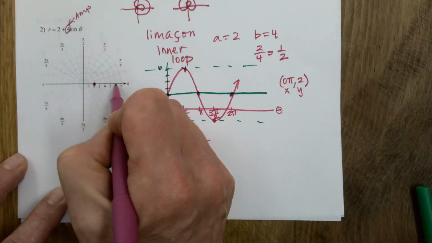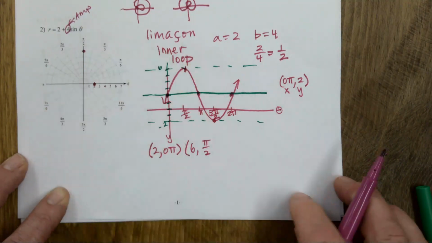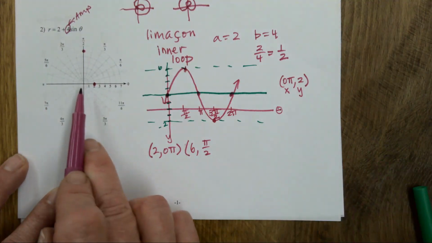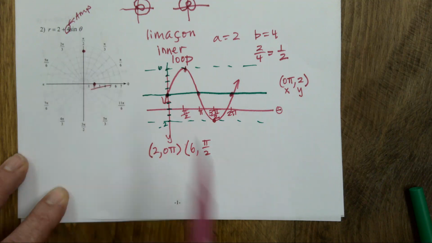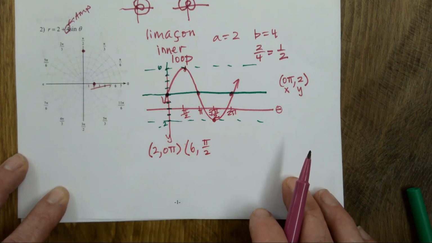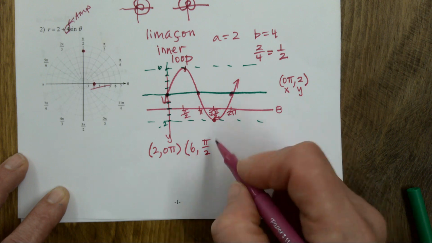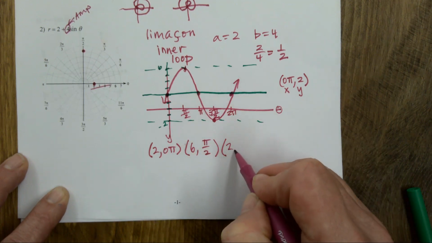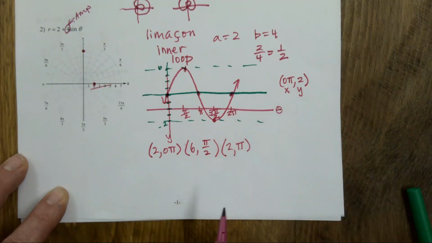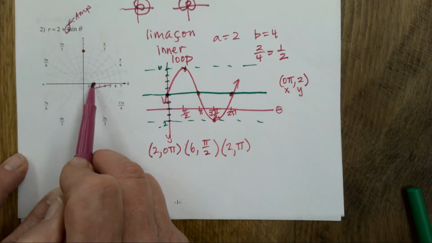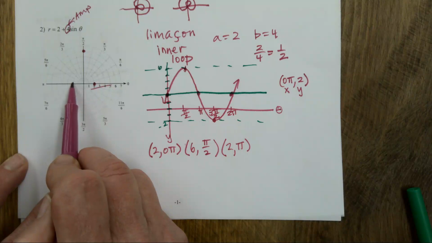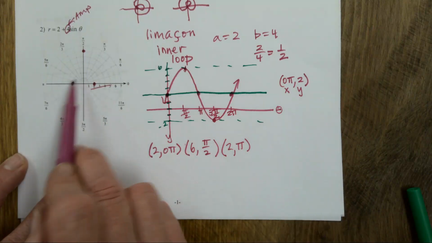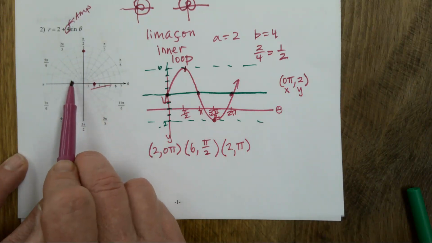Out 6, open it up, pi over 2. And then I have 2, pi. Out 2, over to pi. Out 2, open up pi.